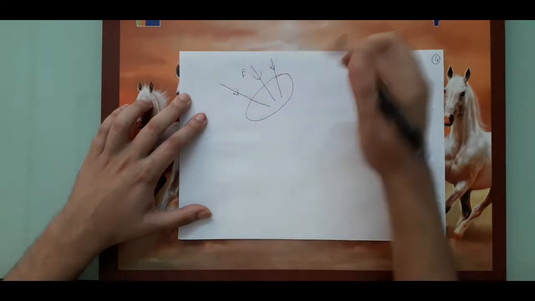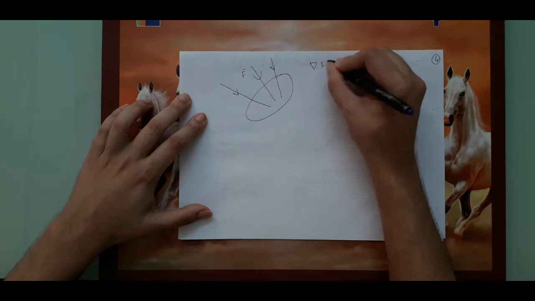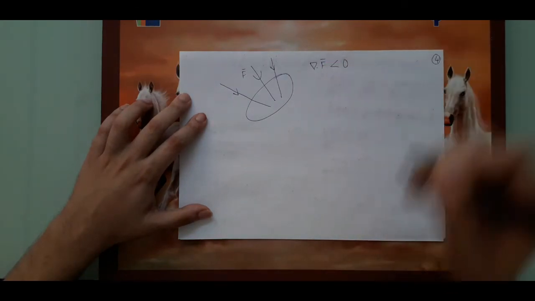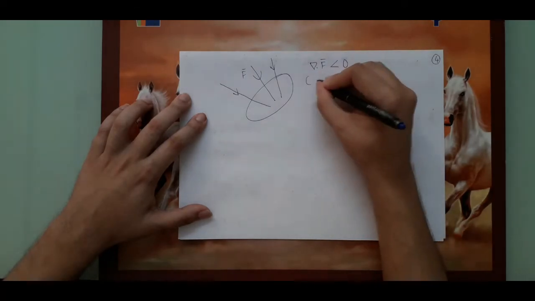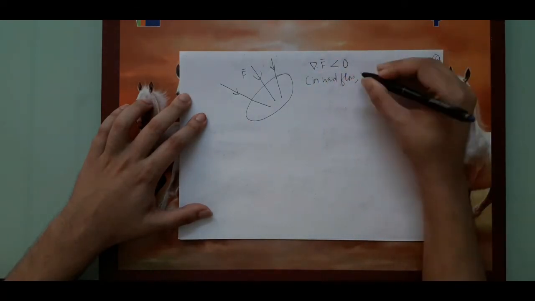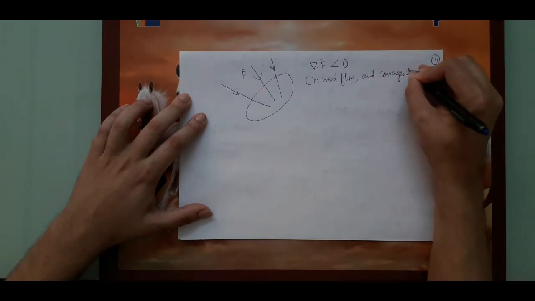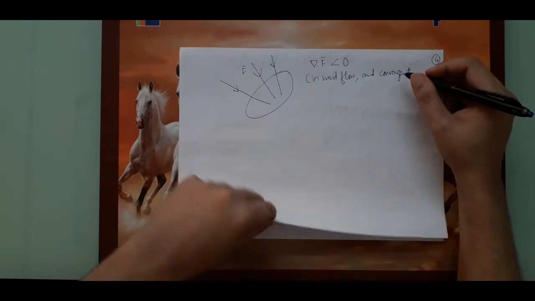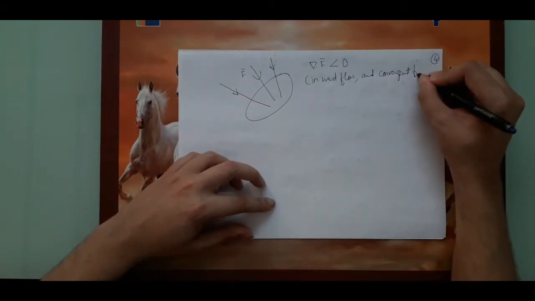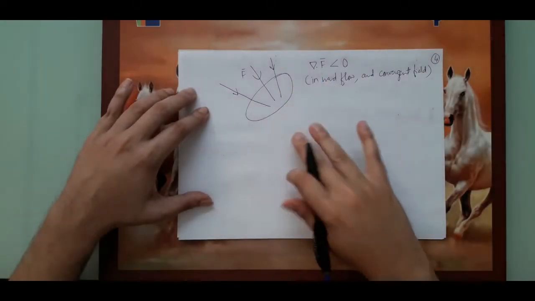So if I were to now take the divergence in this area, del dot F, you will definitely get it less than 0. It means inward flow and convergent field. That means definitely they may likely meet at some point.